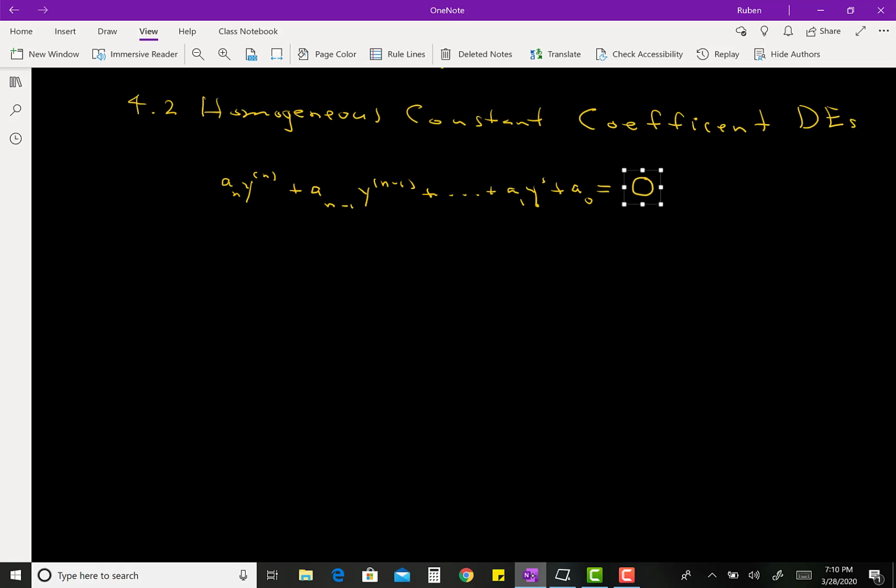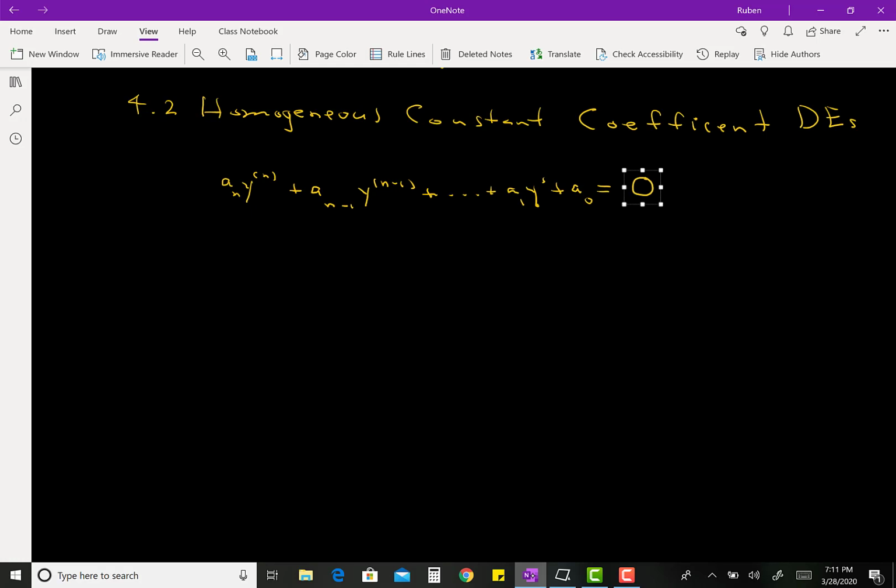What I'd like to talk about next is section 4.2, Homogeneous Constant Coefficient Differential Equations. In section 4.1, we talked about the structure of the solutions to the linear differential equations. Specifically, we talked about the homogeneous case, where the forcing function, the function on the right-hand side of the differential equation, is 0.